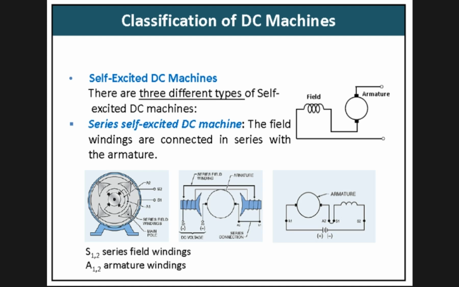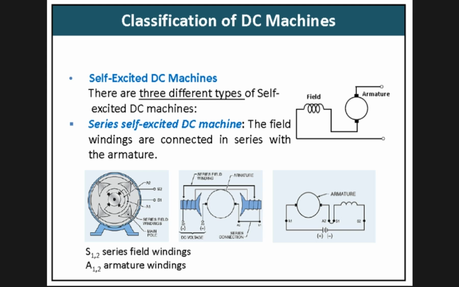Then we look at the self-excited DC machines briefly. When we say self-excited, there are three different types of self-excited DC machines. These types you have to remember because there could be some theoretical questions on the exam. So therefore you have to understand and remember these theory parts as well.